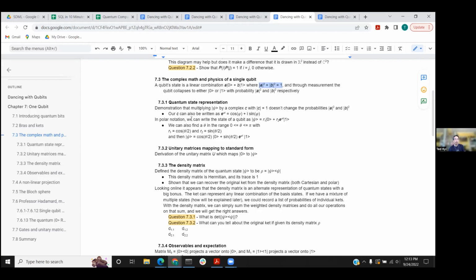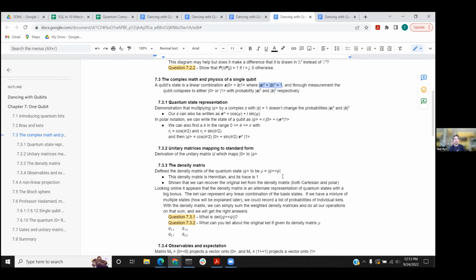Any complex number can be written as R e to the phi I, but because we know it's unit length, R is 1, we can just drop that. And so any complex number that can be written as e to the phi I does not change our probabilities. E to the phi I can also be written as cosine phi plus I sine phi.